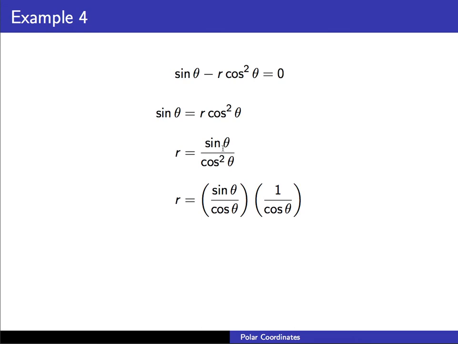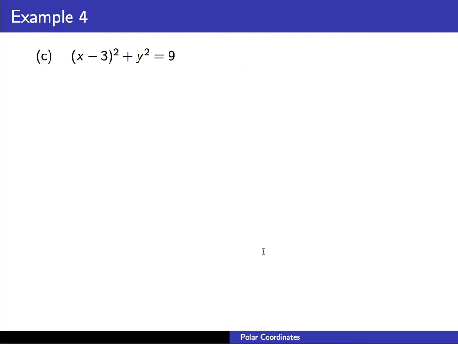And we have sine theta over cosine squared theta is sine over cosine times 1 over cosine. Sine over cosine is tangent. 1 over cosine is secant. So the polar representation of a parabola with the vertex at the origin is r equals tangent of theta times secant of theta.